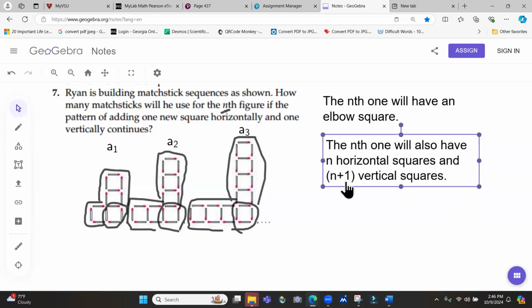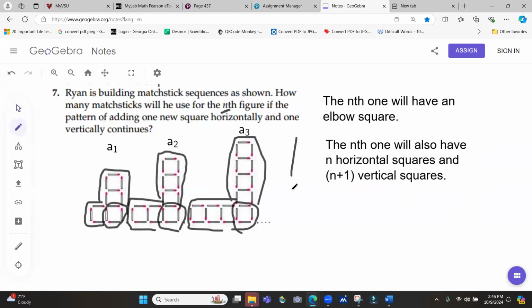So again, I look at the structure and analyze and look for pattern. The nth shape will have N plus 1 this way and this way, and there will be 1 in the corner. But that's not all they're asking. They want us to find the number of matchsticks needed.